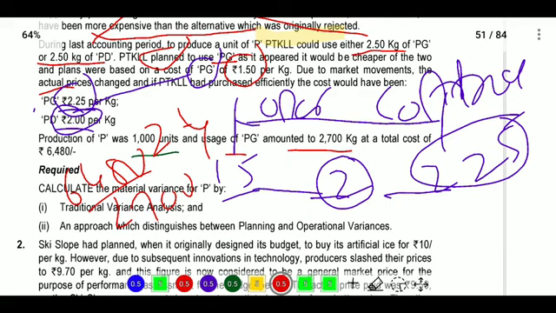Here the budgeted price was 1.5, but we actually purchased at 2.4. So 1.5 minus 2.4 is the price variance. And next, what is the usage variance, that is the quantity variance? How much did we budget for?